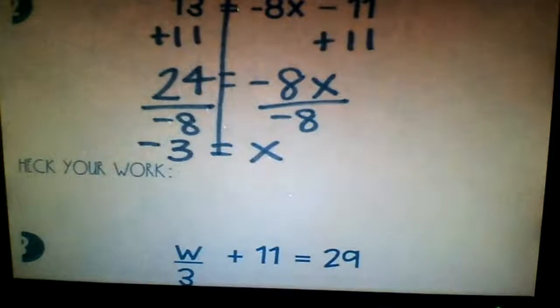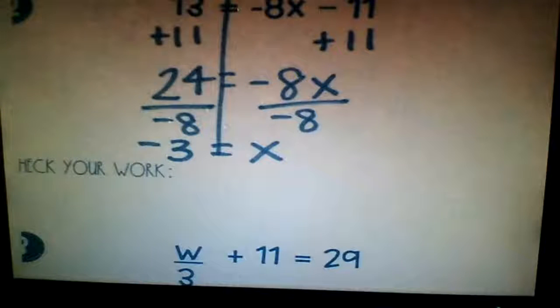Okay, so I heard some of you say, ooh, I don't like this. The x is on the right-hand side. You have every right to rewrite this. If you don't like to solve it this way, you can change it and make it negative 8x minus 11 equals 13. Notice I didn't lose any of the signs. On the right-hand side, it said negative 8x, so I brought that all over.